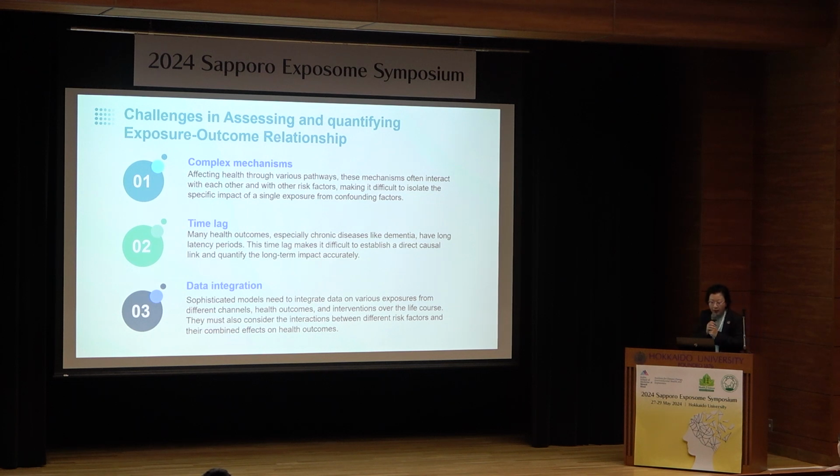But meanwhile, I also realized some challenges in assessing and quantifying the exposure-outcome relationship. The first one is the complexity in the mechanisms, because exposures affect health through various pathways, and these mechanisms can interact with each other and with other risk factors.